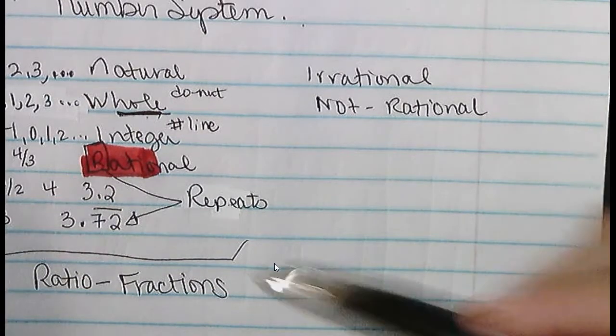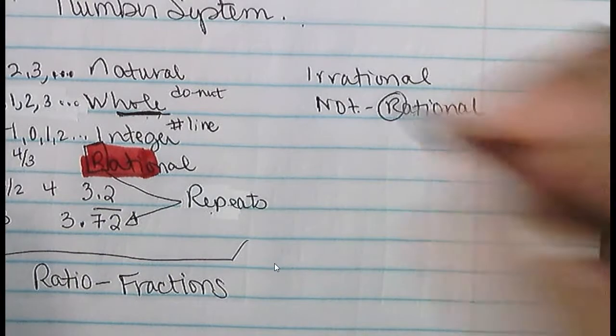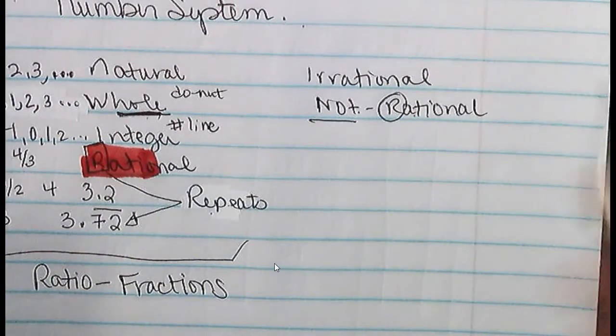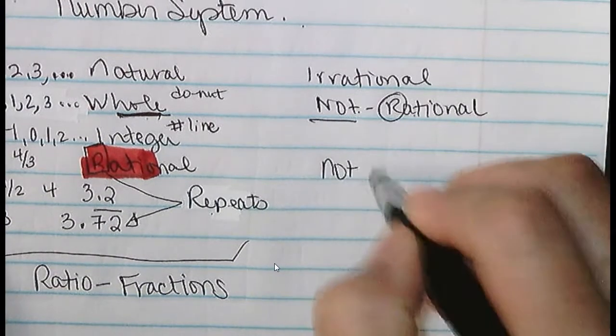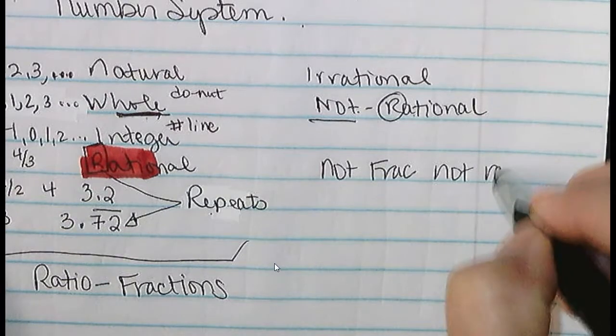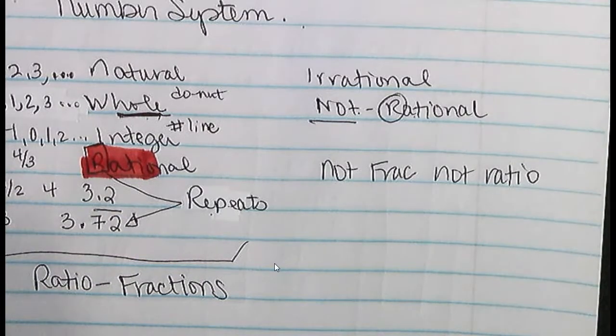So wouldn't this be not repeat? Good point. By the way, they're not fractions. It's not a fraction. It's not a ratio. It is those weird numbers that just don't like to play nice. They don't repeat. They don't stop. They just go on and on and on.